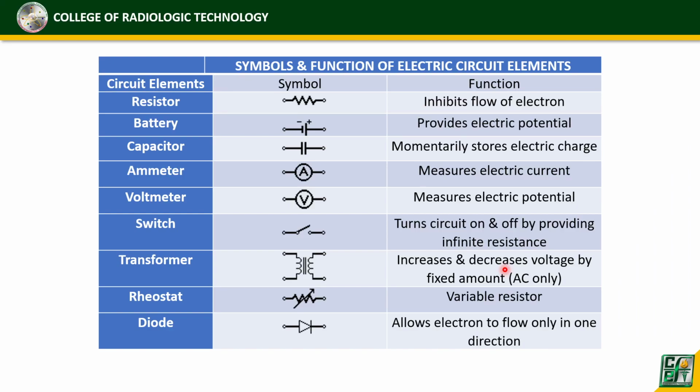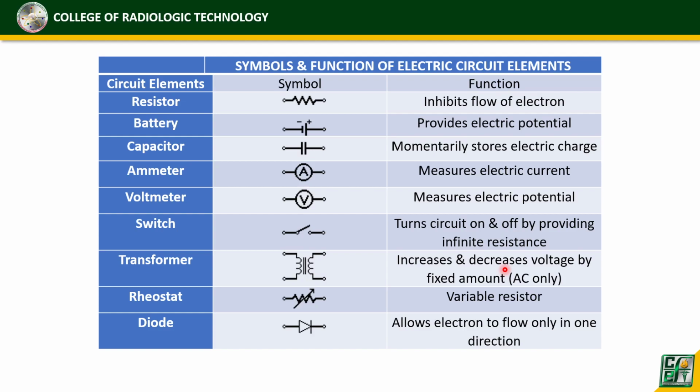So ito yung mga basic symbols and function na makikita natin sa isang electric circuit. Okay, so we have resistor, yung wavy. So resistor inhibits the flow of electron. Battery provides electric potential or power source.